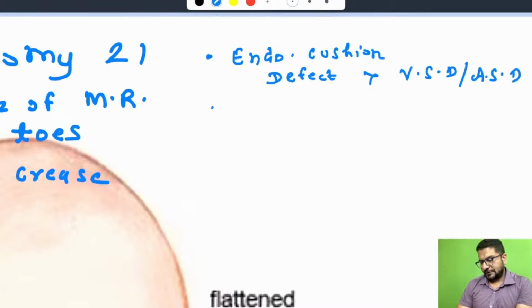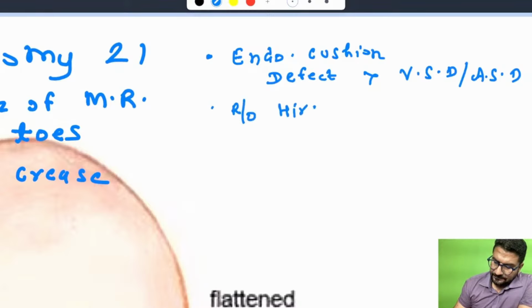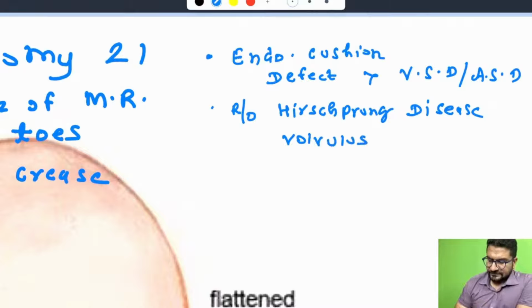In Down syndrome patients you will notice there is risk of some GIT disease. Like there is risk of Hirschsprung disease. There is risk of volvulus. There is risk of duodenal atresia.